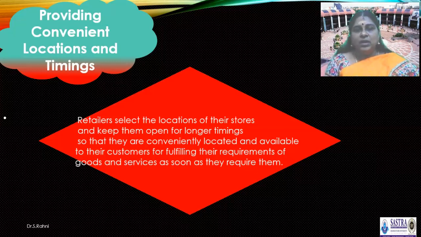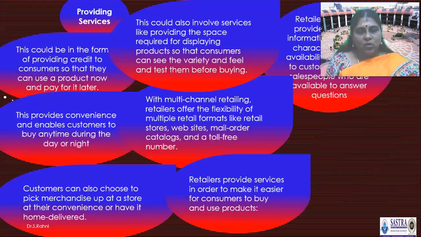When the time is over, or they are not in a position to do home delivery, or the distance between the store and the consumer's place is very long, that will become a problem. So the retail store outlet people will see to it that providing convenient locations and timings for the distribution is very much essential, and they will plan accordingly.